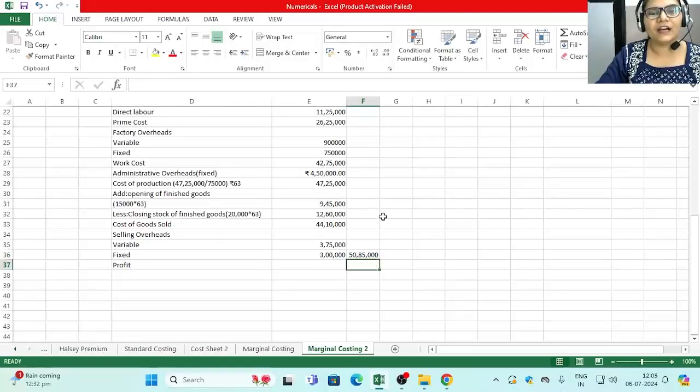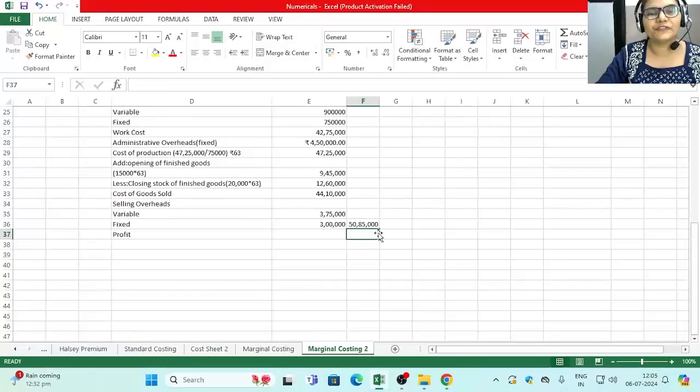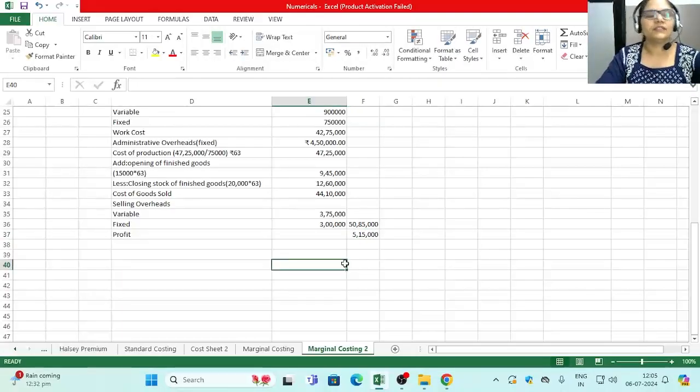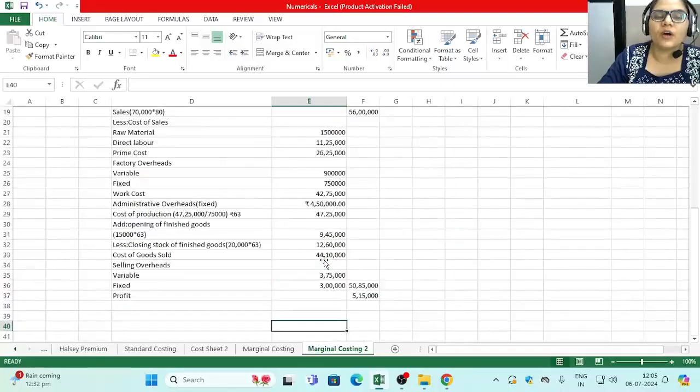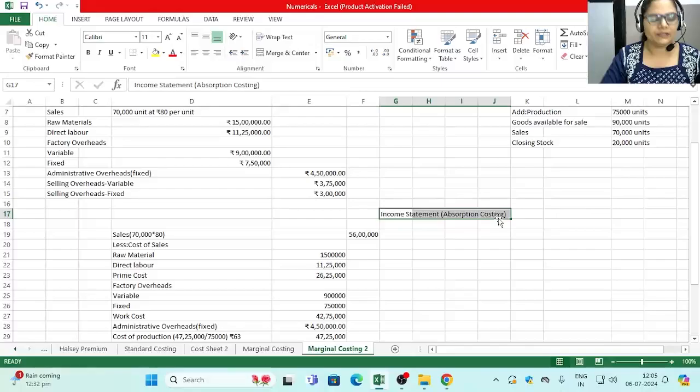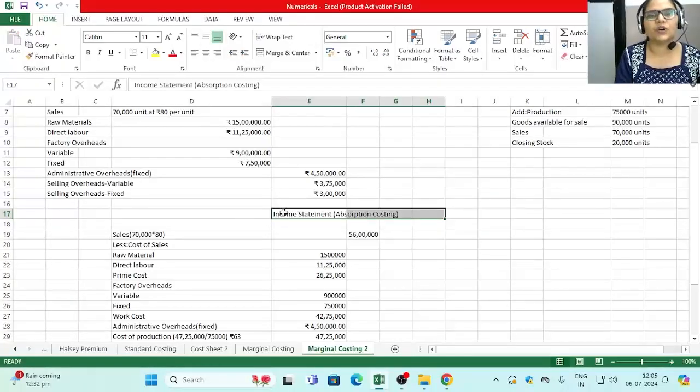And finally, after deducting this value from 56 lakh, we got a profit of 5,15,000. So this is the profit under the absorption costing statement when we have been given the opening stock and closing stock value.